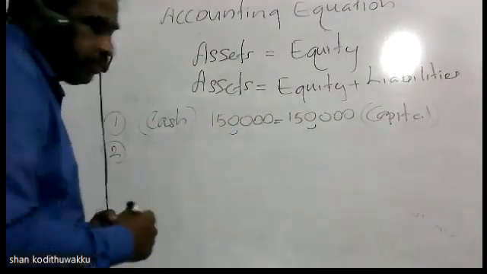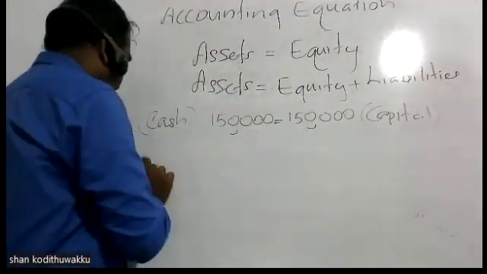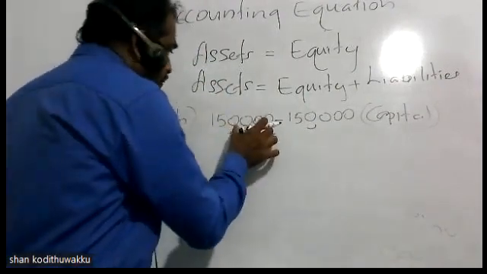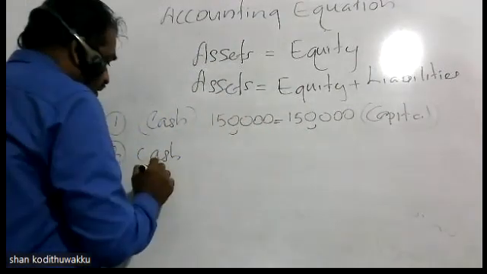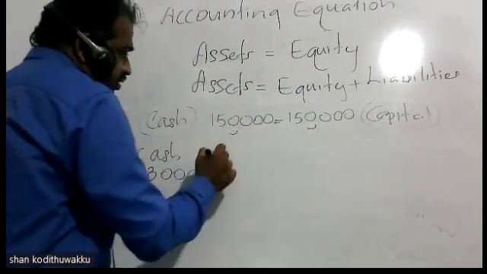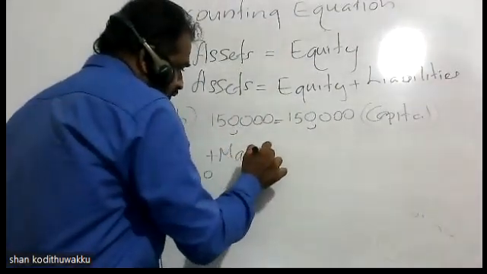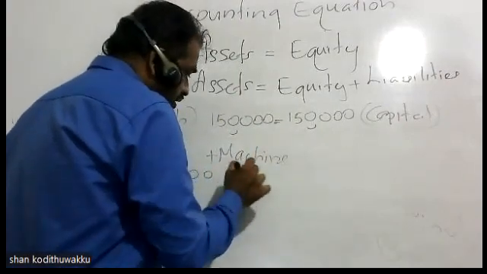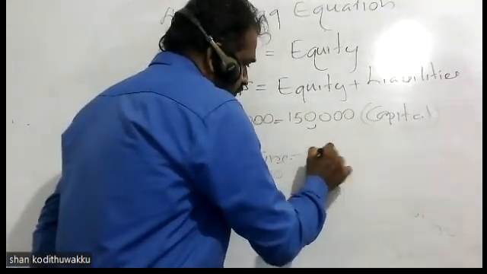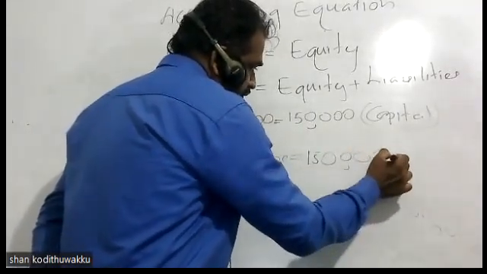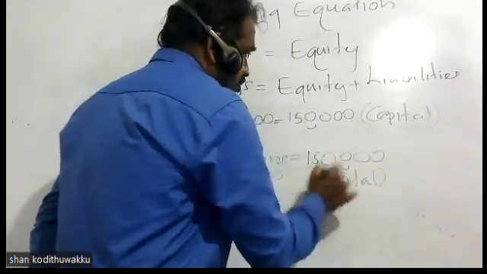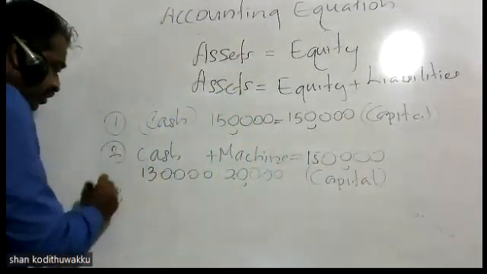Now, under assets, we have cash: out of 150,000 he has spent 20,000, so 130,000, plus machine 20,000, equal capital 150,000.